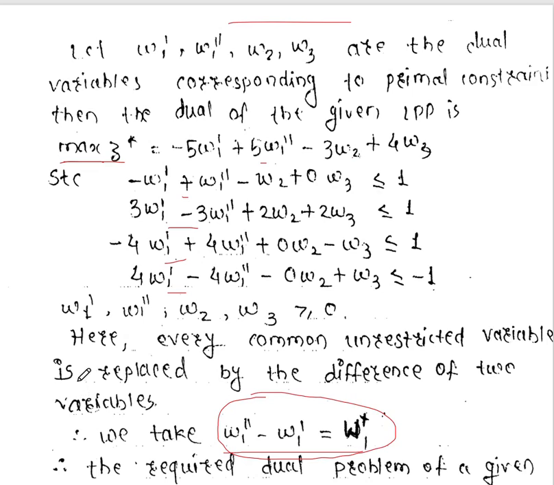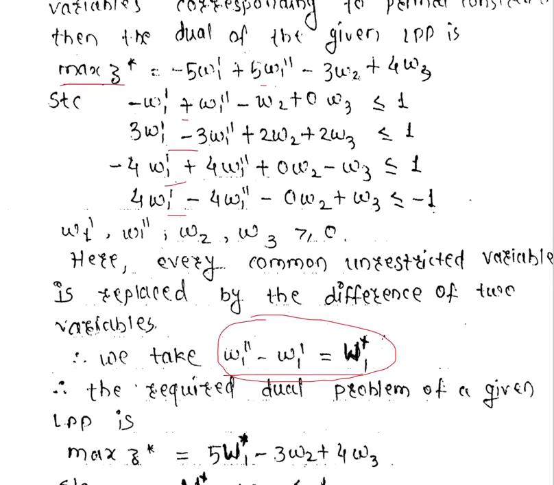So every common difference of two variables is replaced by an unrestricted variable, given as w1 double dash minus w1 dash equal to capital W1 star. Therefore the required dual problem is given as maximum z as it is.